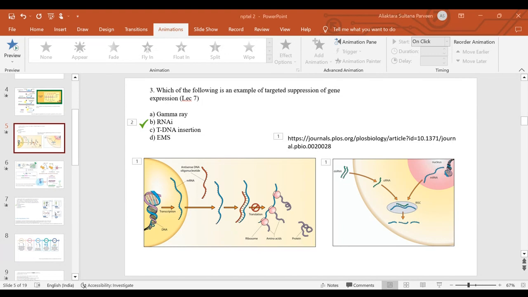A always pairs with T and G always pairs with C. But what EMS does is it leads to ethylation at the 6th oxygen position. So it results in O6 ethyl guanine, and this O6 ethyl guanine can now pair with thymine, whereas it was supposed to pair with cytosine.